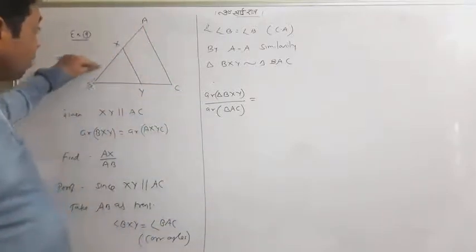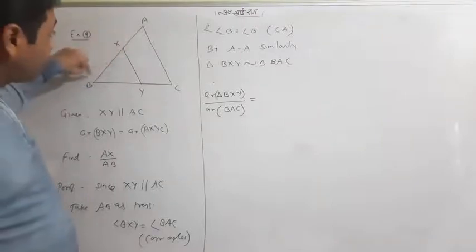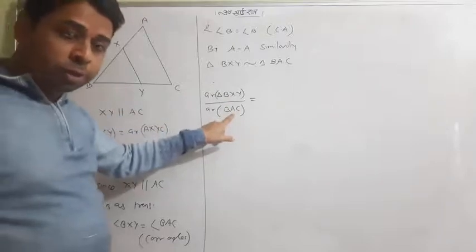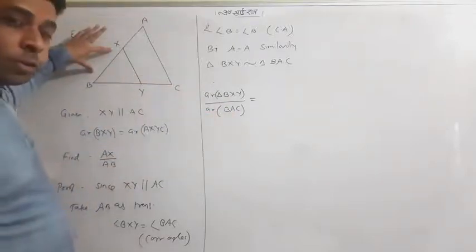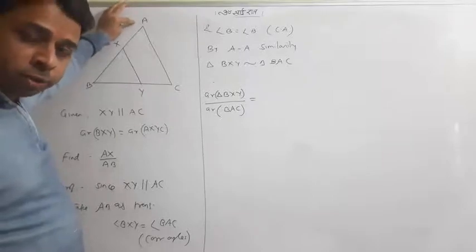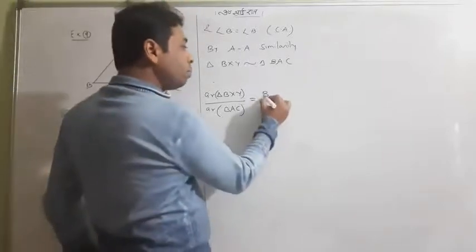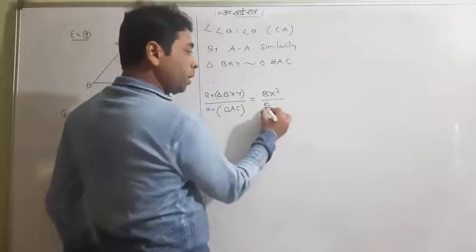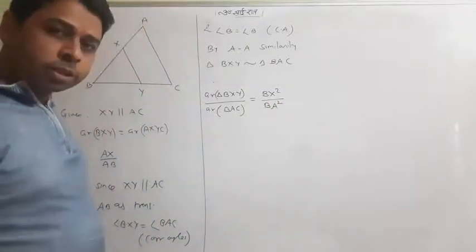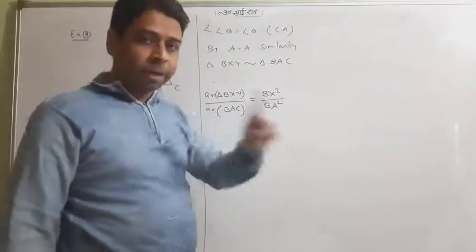For this we have corresponding side BX, and for the big triangle it is BA. BX is a side of the small triangle, and BA is the corresponding side of the big triangle. So I use here BX square upon BA square, and that is simple. Hope you have got it. There is nothing to worry about. Three things will come, but I am writing one thing only.